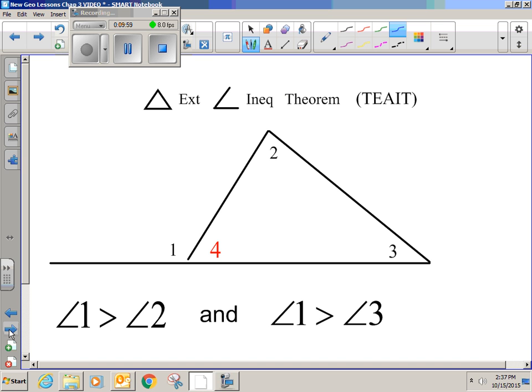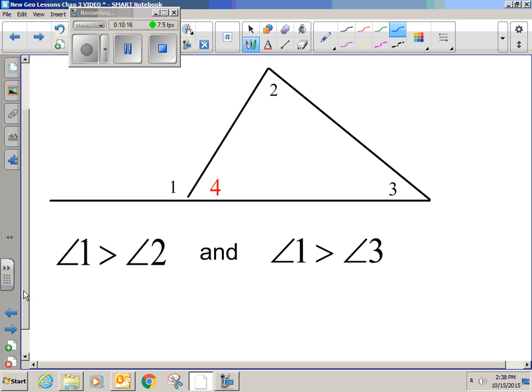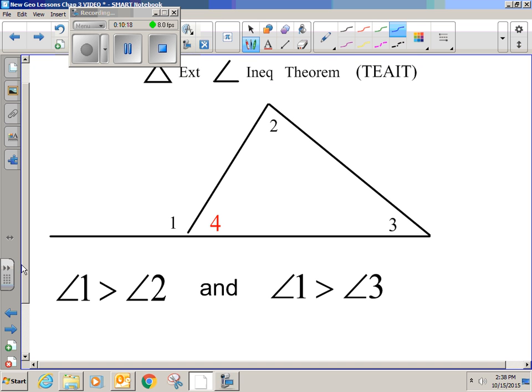One more quick theorem I need to give you. It's called the triangle exterior angle inequality theorem. Or if you want, you can call it the TIT. The TIT. Okay? Boys, don't chuckle. All right. So, the triangle exterior angle inequality theorem says if I have an exterior angle of a triangle, in this case, angle 1, it is going to be greater than any of the remote interior angles. So as we look at angle 1, it's going to be bigger than angle 2.